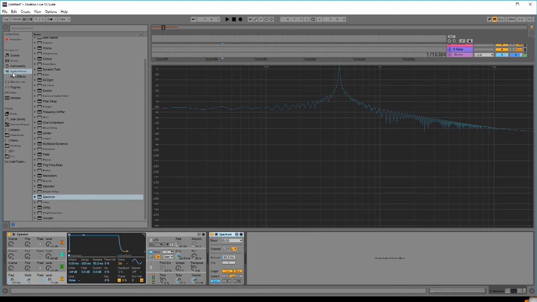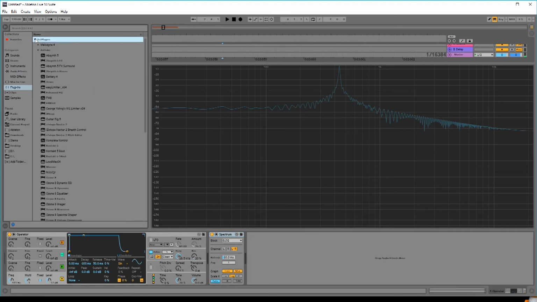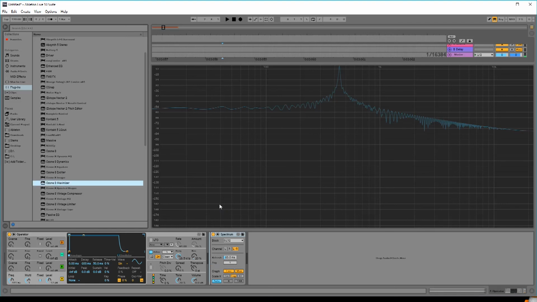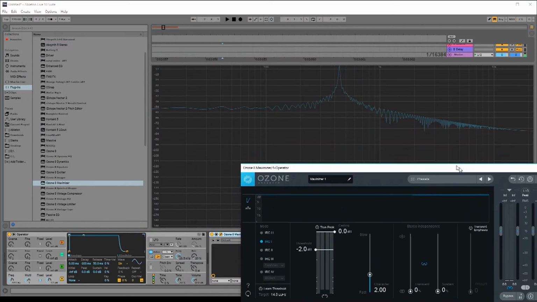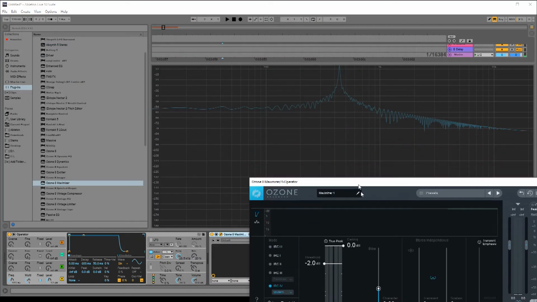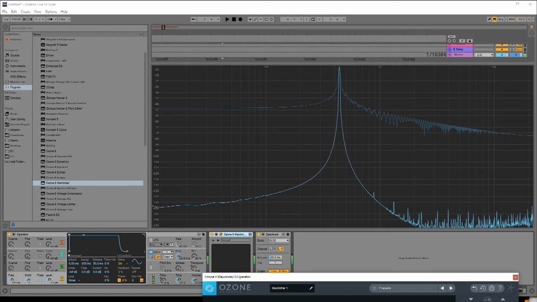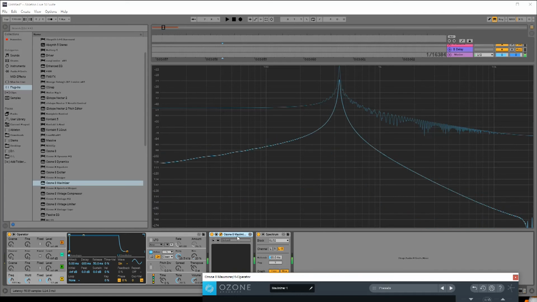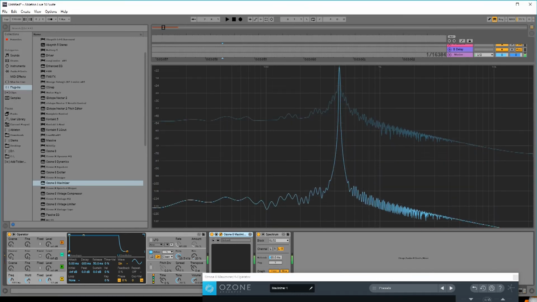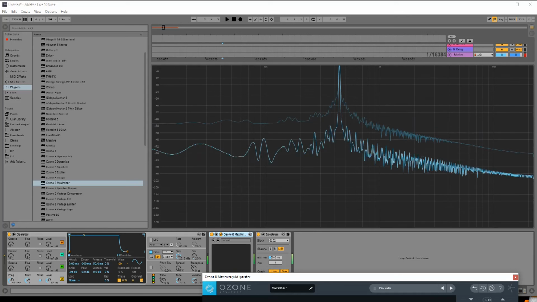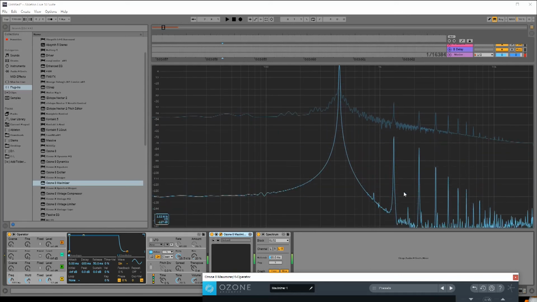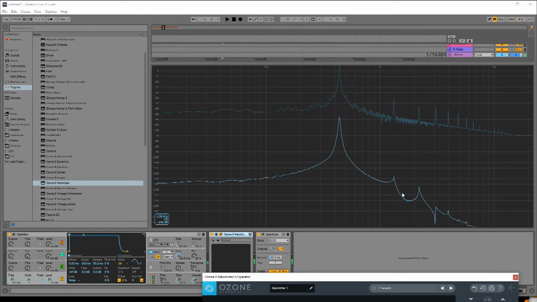Even very good compression algorithms, such as iZotope Ozone's Maximizer, for example, still introduce this extraneous frequency content. There we can see as we dramatically decrease the threshold, harmonic content is added.